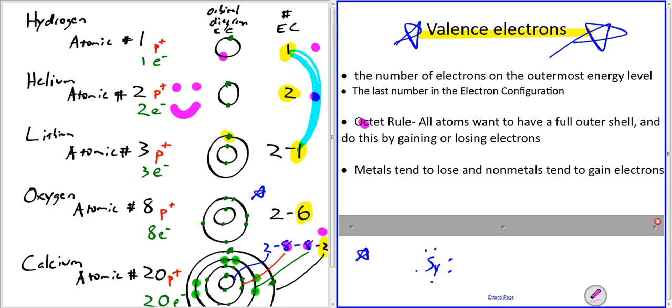Now, at this point, I would normally ask you, what is the charge of an electron? And hopefully you remember, because we just wrote it over here on the left-hand side of the screen in green, that electrons have a negative charge. So if I gain electrons, I'm going to be gaining more negative charge, and gaining electrons results in a negative charge.